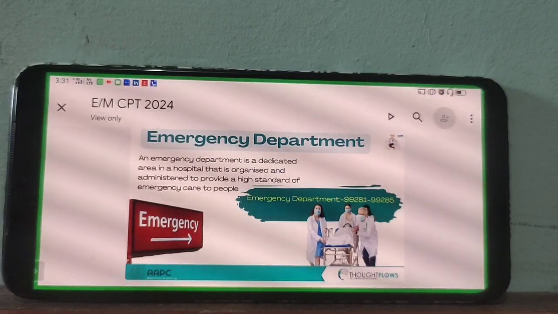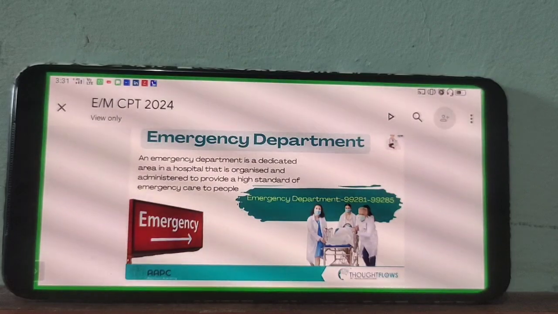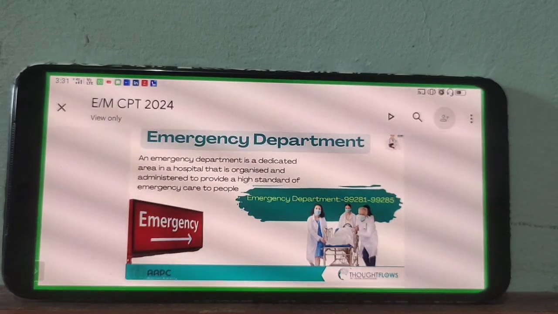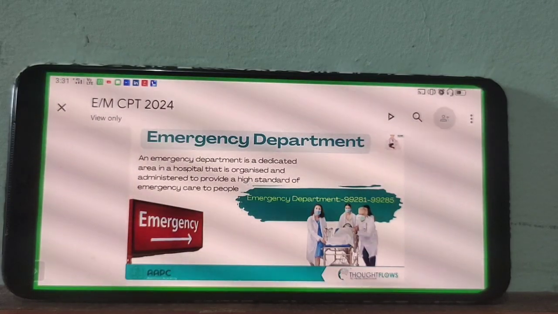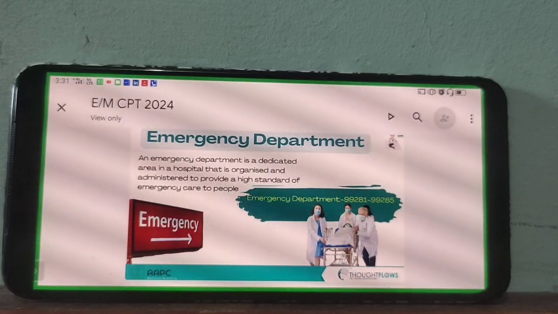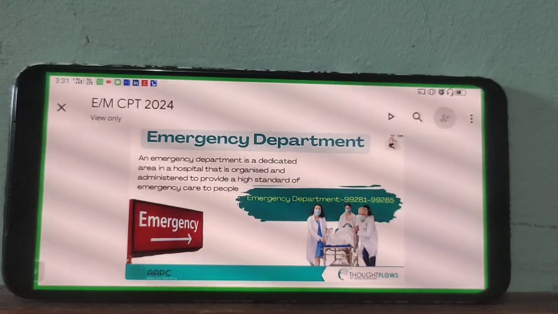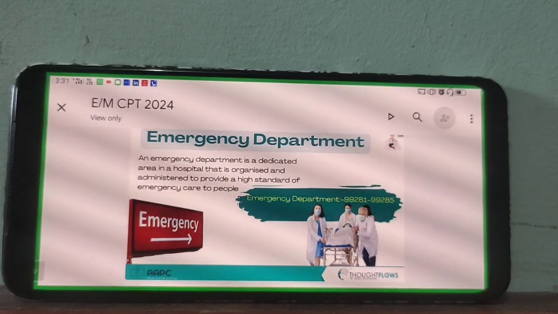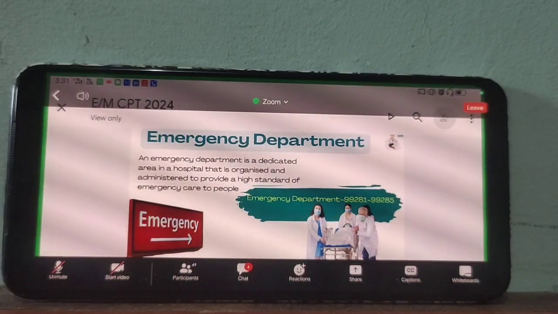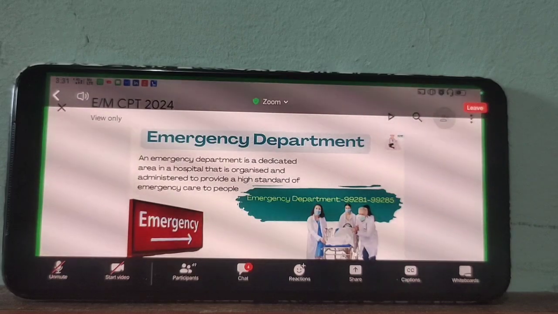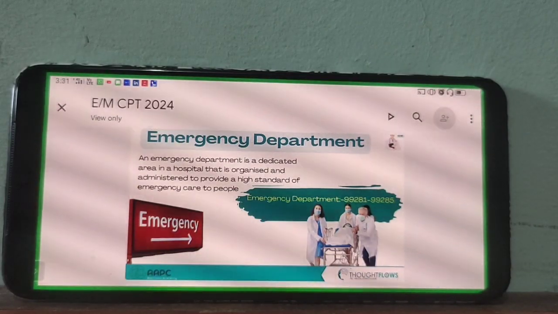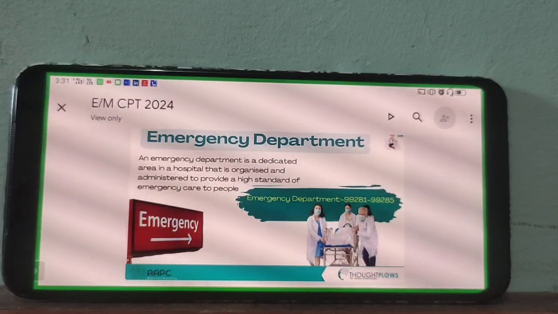So here, the entire E&M service codes should be reported based on the place of service, because ED is one of the dedicated areas in our hospital. The patient admitted into the emergency department, we have to apply the code from the emergency department only. The code range is 99281 to 99285.